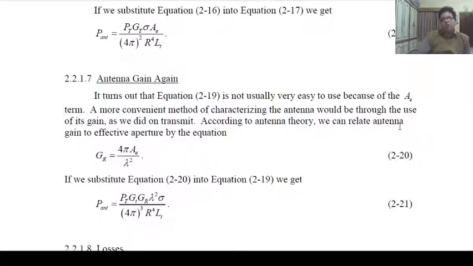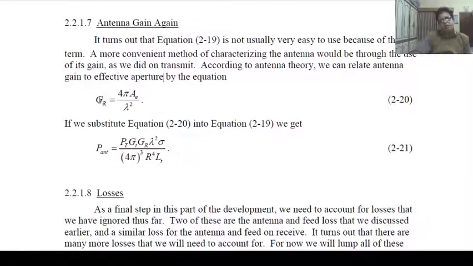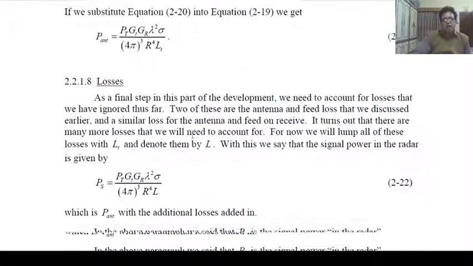According to antenna theory, we can relate antenna gain to effective aperture. This is the relation that you can remember directly: GR equal to 4 pi AE upon lambda square, and our expression becomes like this. So these are the different forms. That means we convert it into GR.